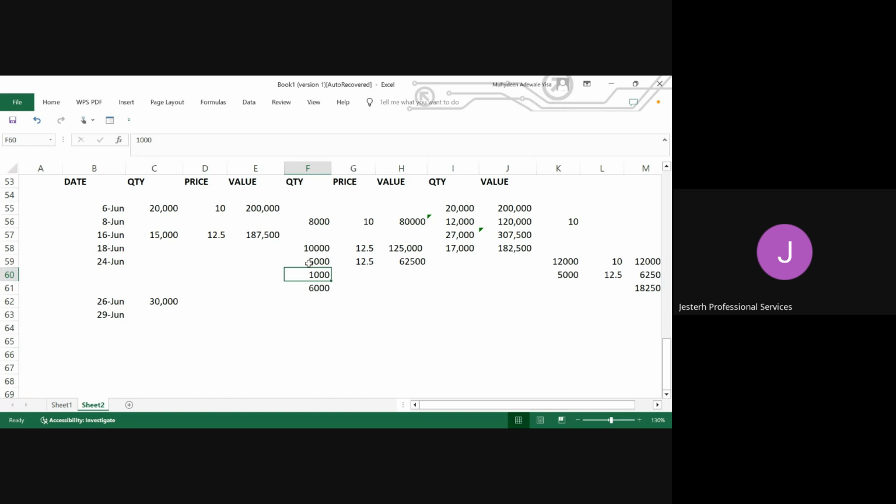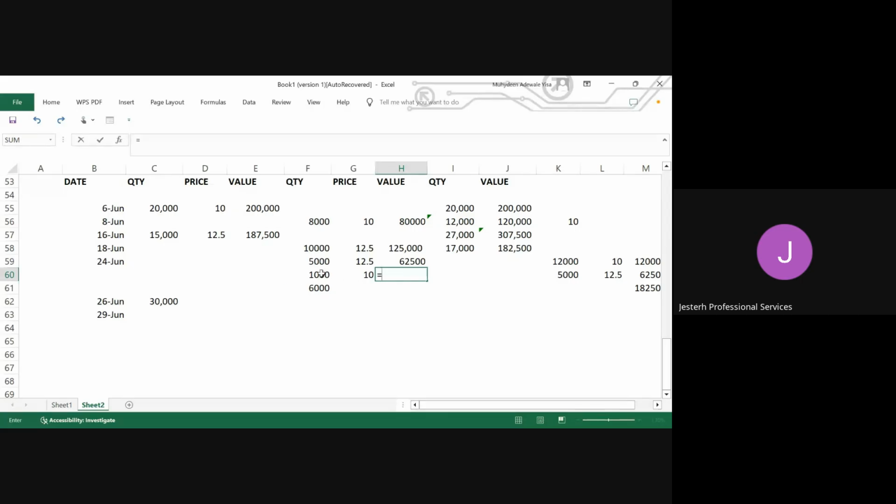But the stock that we purchased on the 6th, of which we only issued out 8,000, is still remaining 12,000 at the rate of 10 naira per unit. Now we will issue the remaining 1,000 units out at the rate of 10 naira per unit.